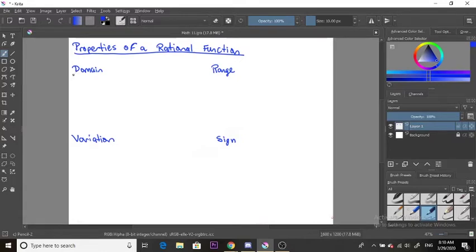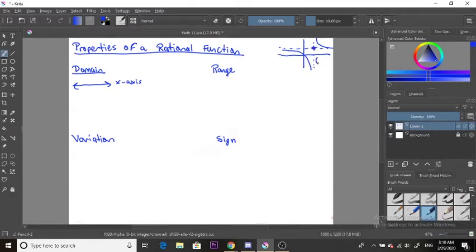So when we look at a domain of a function, we're looking to see how far does it spread along the x-axis. Now, remember, when we look at a rational function, I'll just draw a little tiny graph right here. Let's say that this is my function here, and it's curving like that.